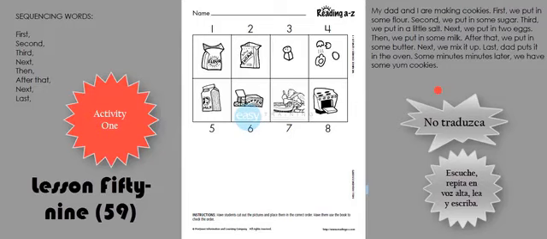Next, we put in 2 eggs. Then, we put in some milk. After that, we put in some butter. Next, we mix it up. Last, Dad puts it in the oven. And some minutes later, we have some yum cookies.